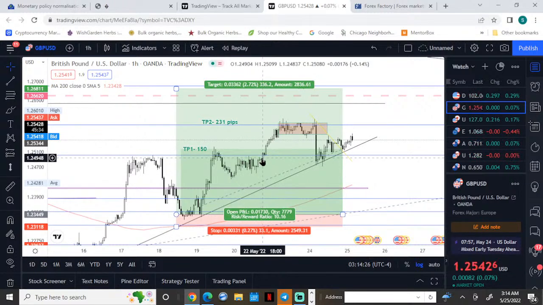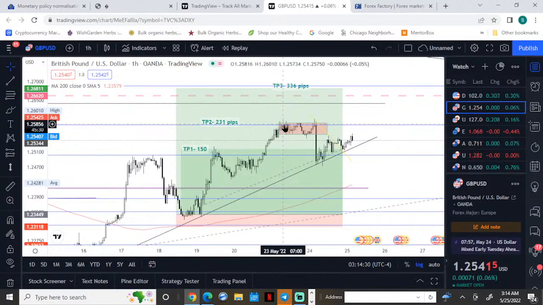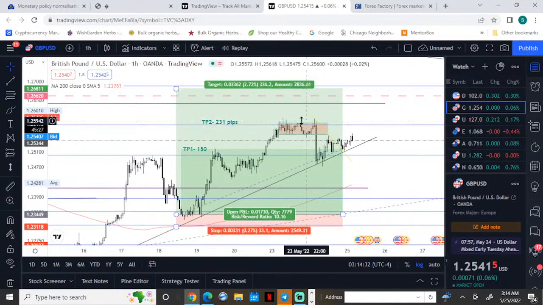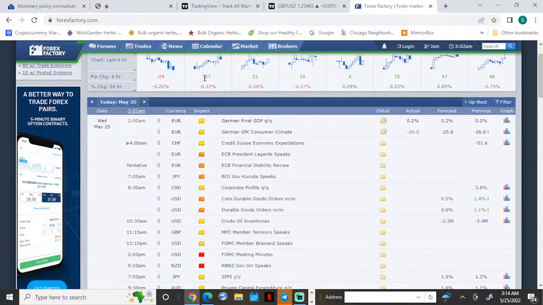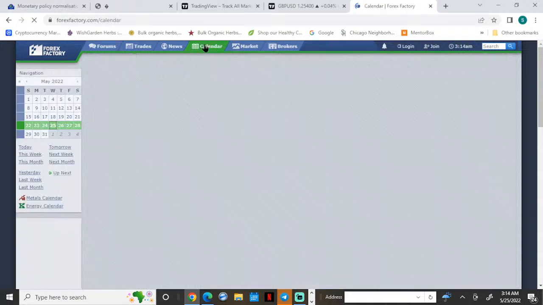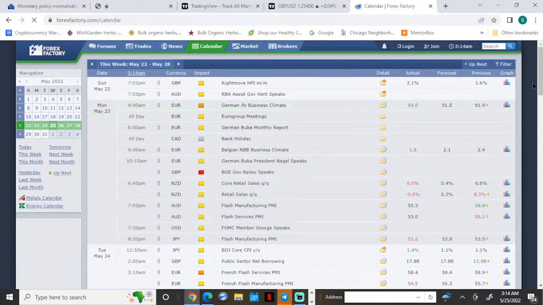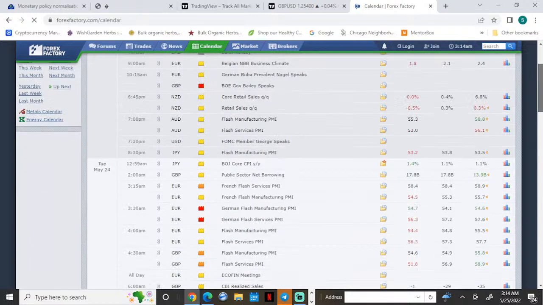Market opened on Sunday, and it shot up to TP2. Then it consolidated. Then we got this long drop yesterday from this news. Let's see, yesterday was Tuesday.